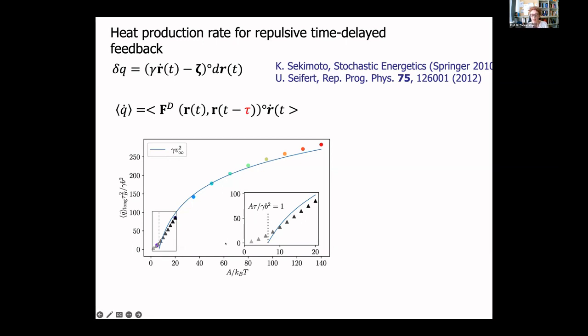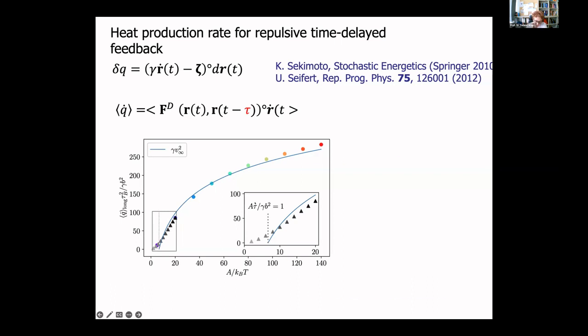What we see generally is maybe not so spectacular. There is dissipated heat for all feedback strengths. In other words, although there's no additional driving force, we always have dissipated heat, or in other words, the delay alone produces these values, which is not that surprising if you have looked at other feedback-driven particles, where people see the same, that delay already induces non-zero heat production rates.